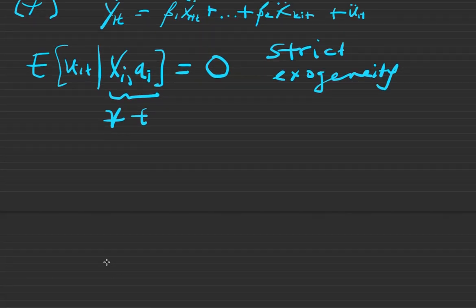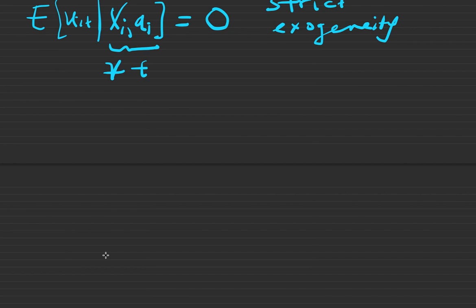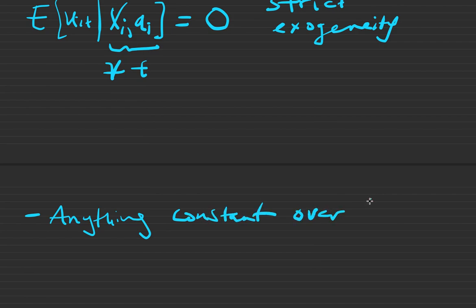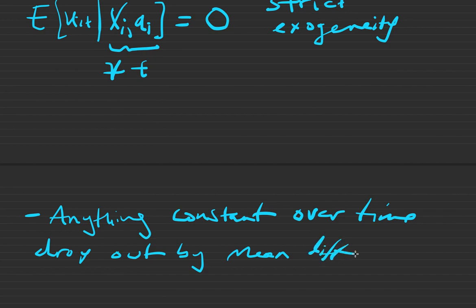Alright, so in our derivation, as we have previously discussed in chapter 13, anything constant over time will drop out by mean differencing, because we are using the variation over time to identify the coefficient.